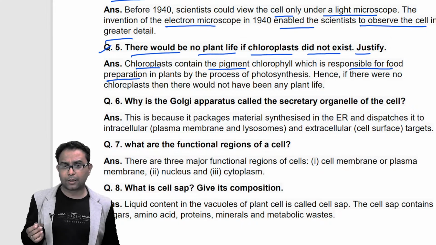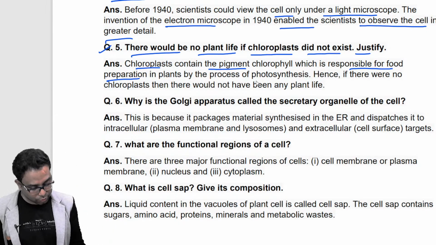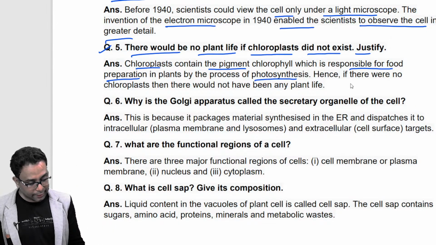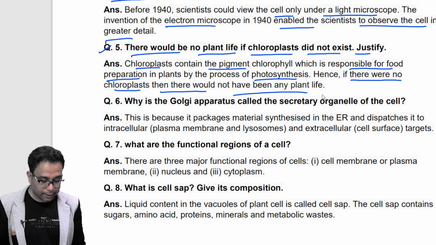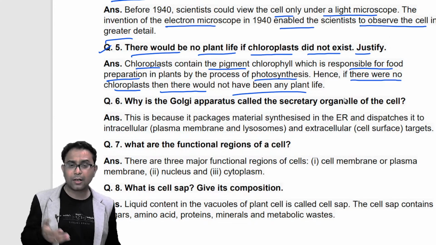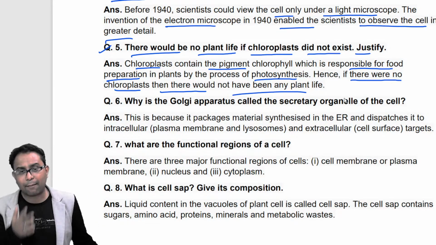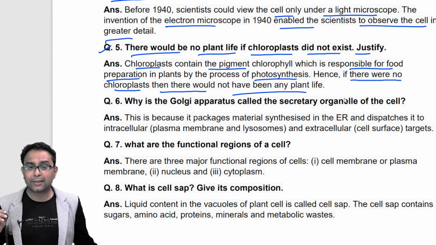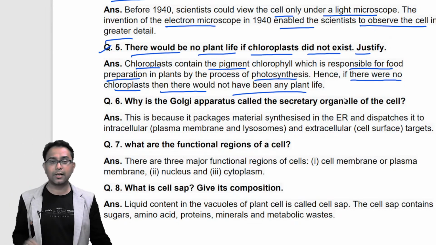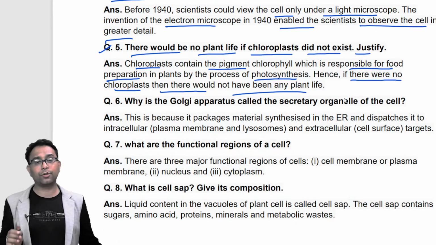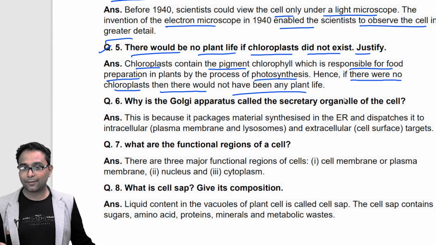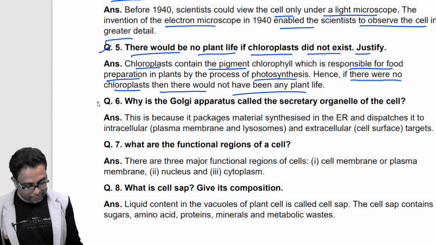What is the name of the process? This is the photosynthesis process. And hence, if there were no chloroplast, there would not have been any plant life, because they would not be able to carry out photosynthesis and produce their food. Right?